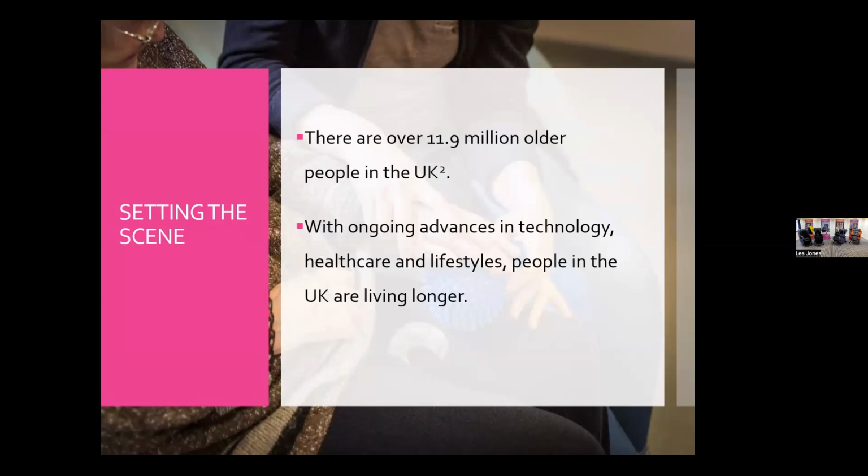In 2017, 18.2% of the UK population were aged 65 and over, which is around 1 in 5 people. And obviously this proportion is projected to increase by a further 5.8% by 2037, which will then take it to 1 in 4 people aged 65 and over.